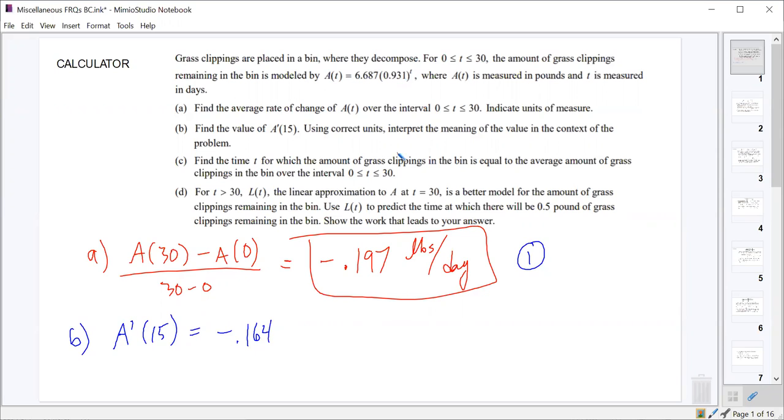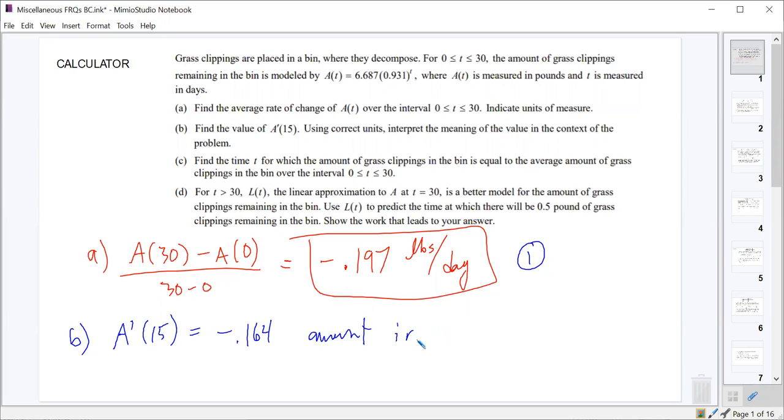It says, using correct units, interpret the meaning of this value. This is the derivative of A, which means it's the rate of change of A. So basically, we're saying that the amount of clippings in the bin is decreasing. Well, actually, the amount remaining.